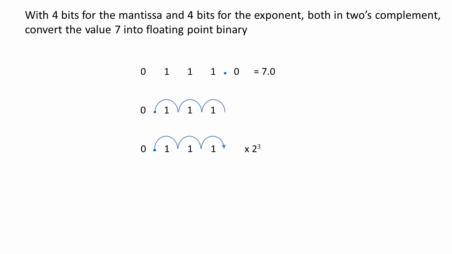This gives you an exponent of positive 3. Calculate the exponent in binary and represent it using the number of bits that have been allocated for the exponent. In this case, the number 3 is represented with 4 bits as 0011. And this will give you the floating point binary representation of 7 that you're looking for.